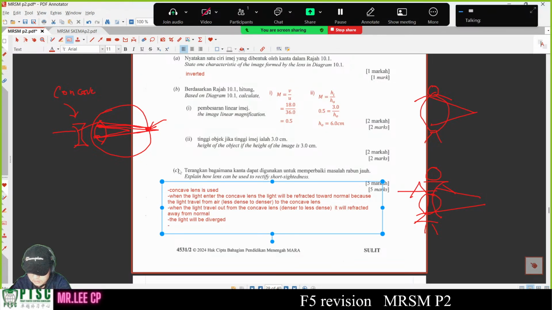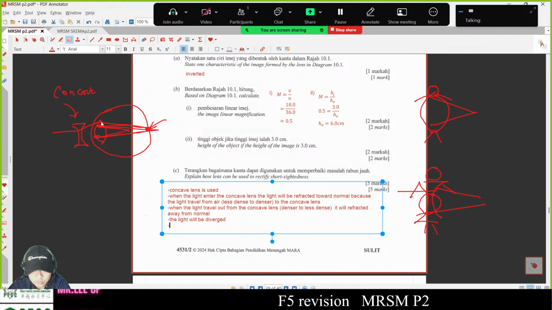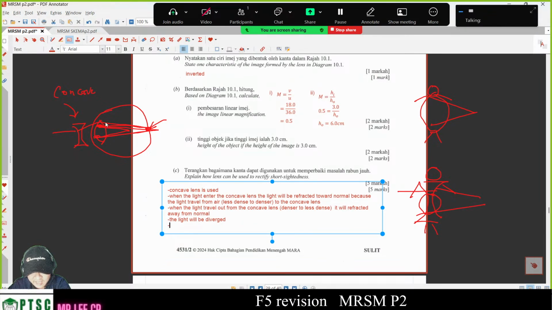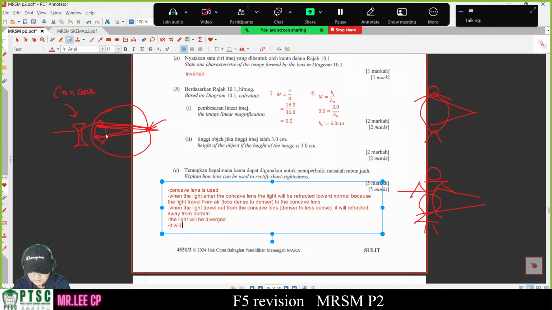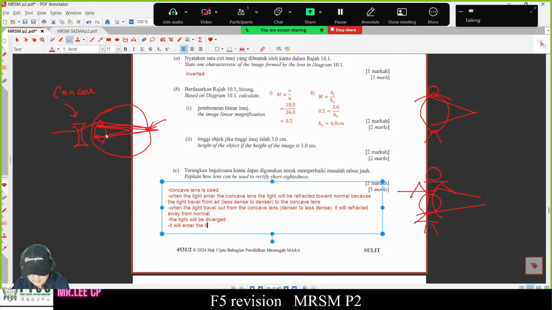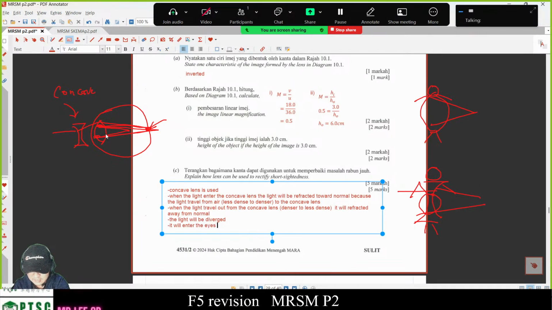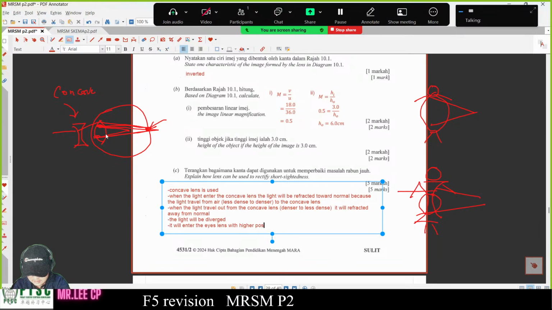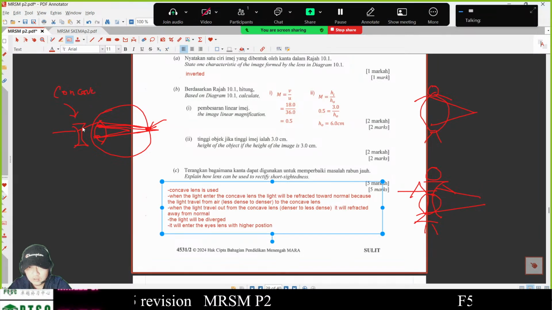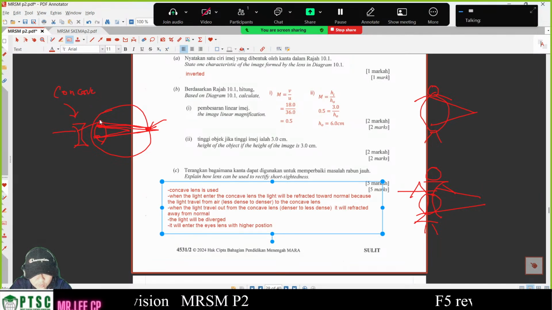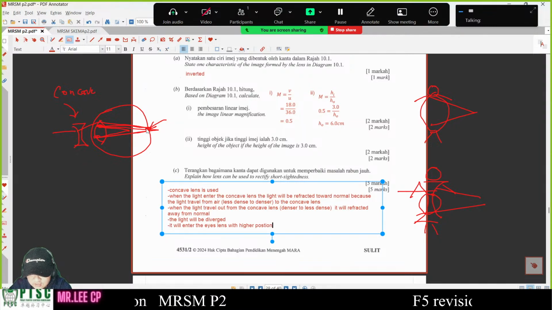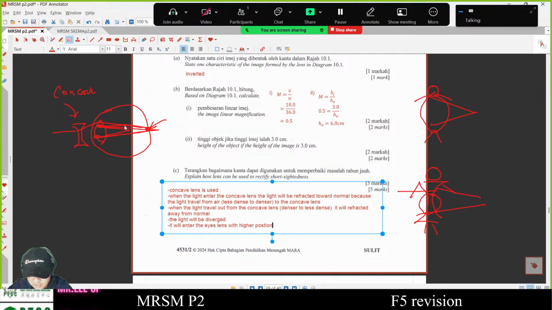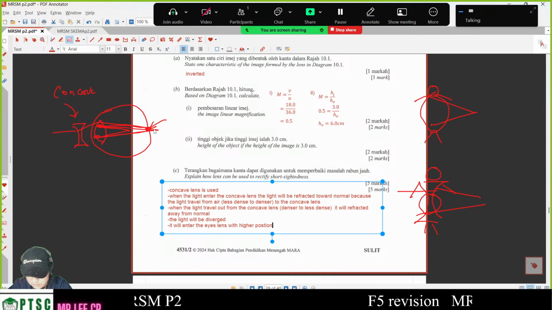So next, it will enter the eye's lens at a higher position. So it will hit here at a higher position. So the distance the light travels will be longer.